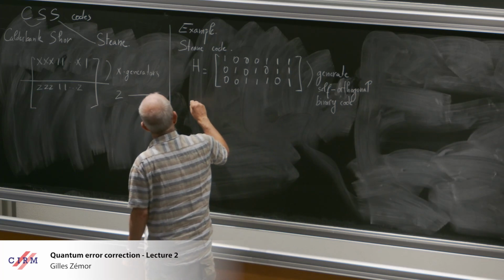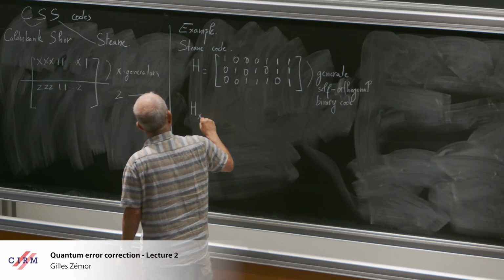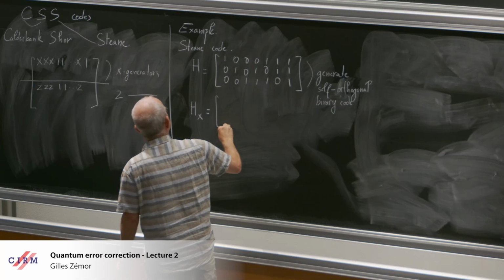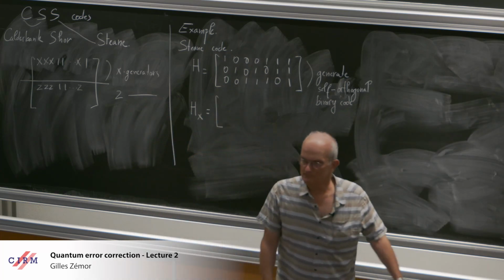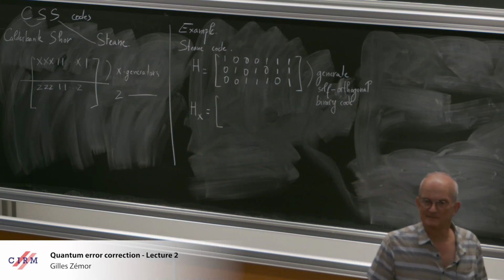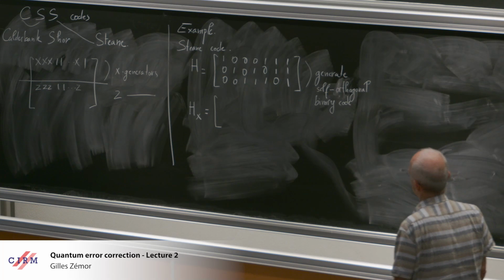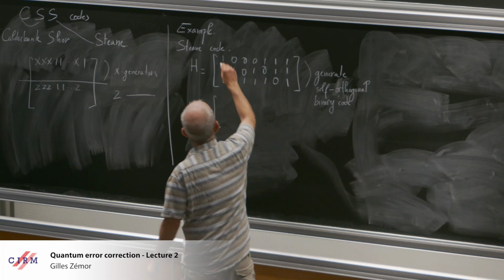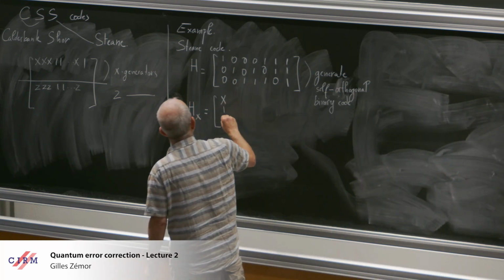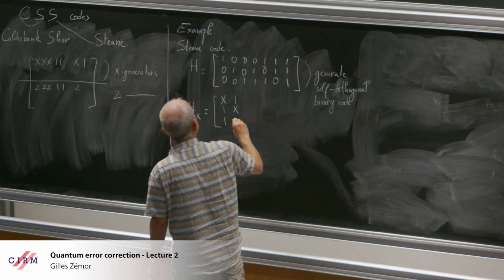So what can you do? You can transform this matrix into a set of X generators. How? Every time there's a 1, you put an X. Every time there's a 0, you put an identity.